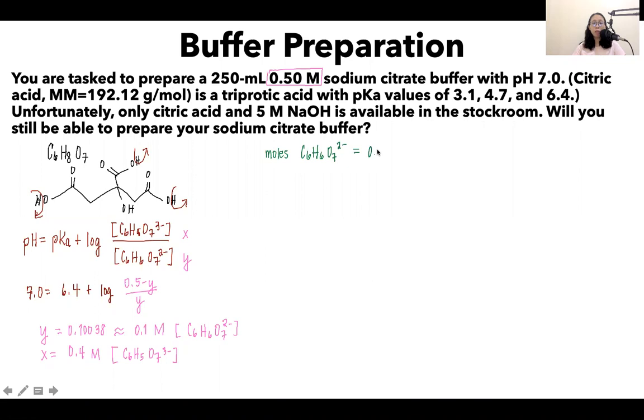So we have 0.1 molar or 0.1 mole per liter. Just multiply this with the volume of our buffer, the target volume, which is 0.250 liter. And you will get 0.025 mole.